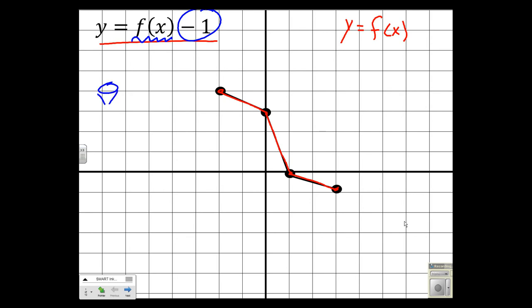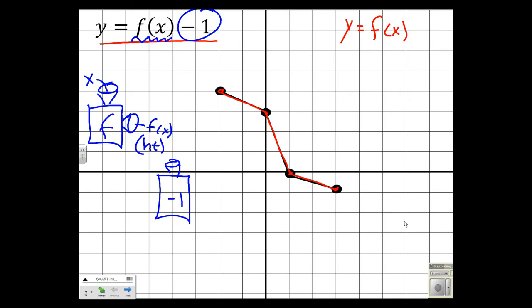So I put x into f, and I get out my height, or f of x. This is my height. And then I have a simple little function here that just subtracts 1 from the height. So what I end up with is this height minus 1.